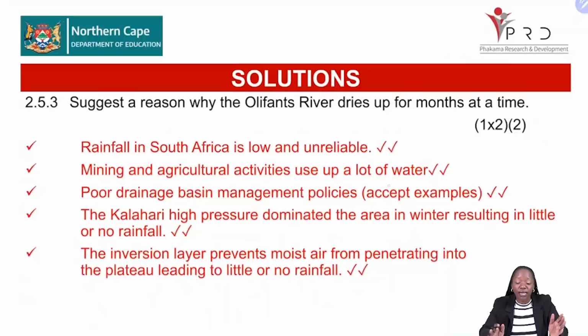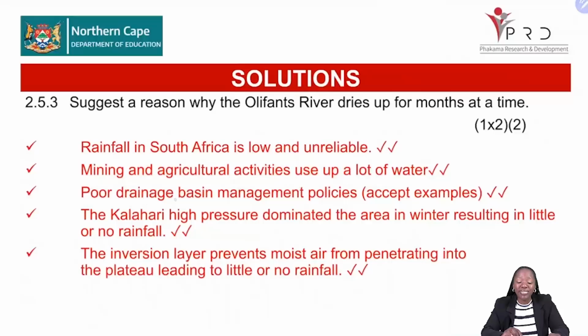Then we're looking at the mining as well as the agricultural activities that use up a lot of water. Remember, in mining, they use water to cool down the machines. In agricultural activities, they use water to manufacture and process the products. So the water is being used a lot. Therefore, these rivers sometimes dry up because we already mentioned that the rainfall is not enough.